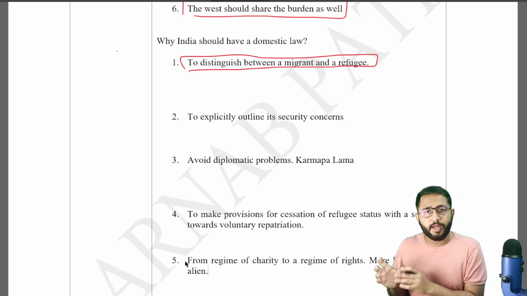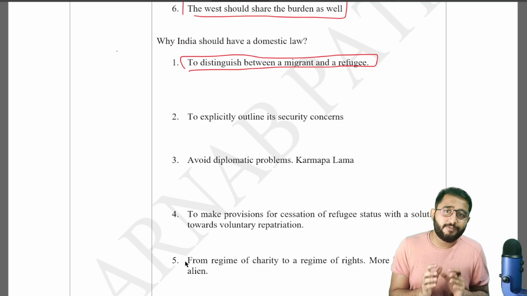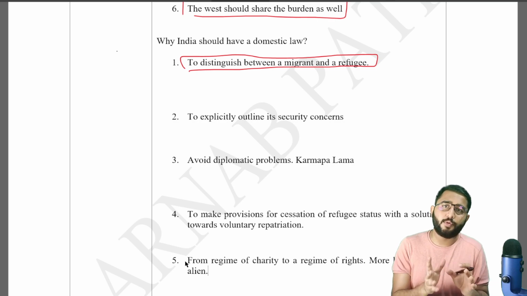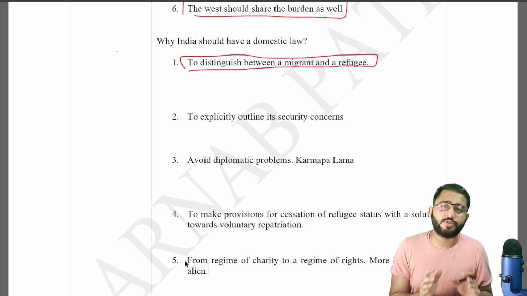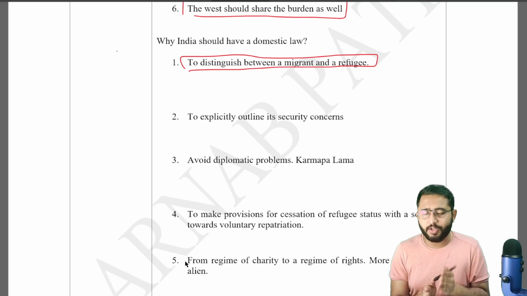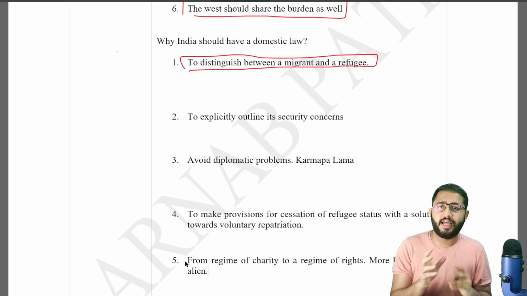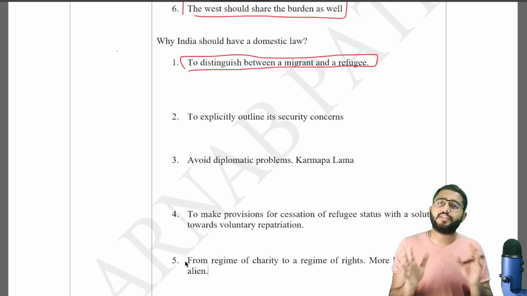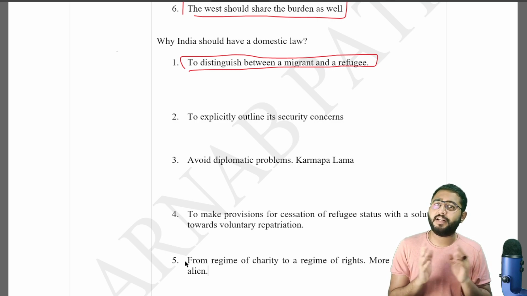There would be a lot of people who are coming in from countries where there is no prosecution, but they'll feign prosecution. वो लोग बोलेंगे नहीं हम prosecuted हैं, मैं एक particular community से आ रहा हूँ and मेरी वो community prosecute हो रही है वहाँ पे, so please मुझे रख लो, मुझे refugee status दे दो. अब in all of this, if India has a particular law which states in much more detail than that, see, the 1951 convention is a generalistic convention. It is a very generalistic convention because it's an international convention.